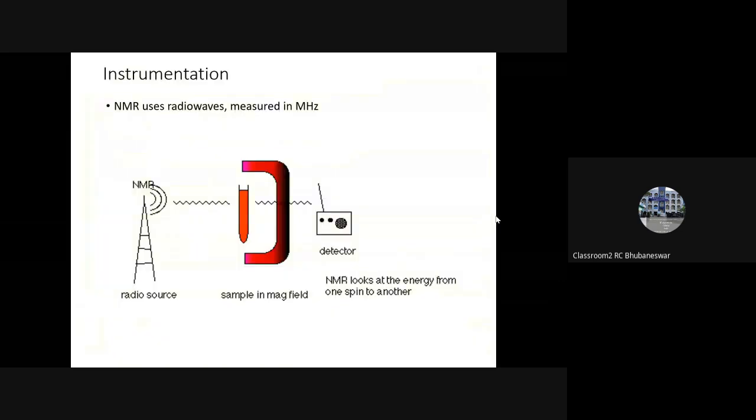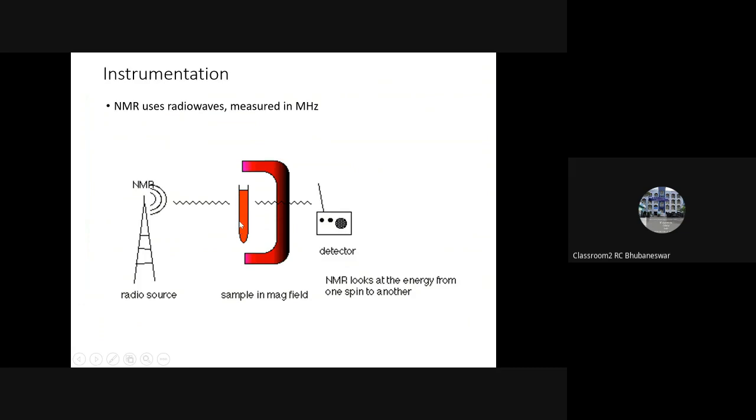So this is the instrumentation. If you recall the other spectroscopic tools, where you had a source delivering radiation to pass through the sample, here this red tube-like structure is your sample holder.